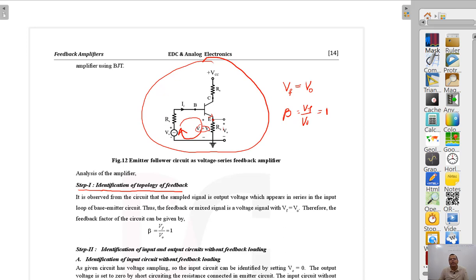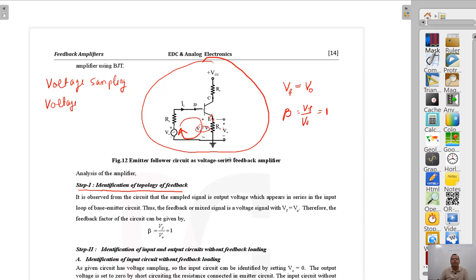So that is why we say voltage is sampled, right? Voltage sampling. Why? Because I am taking the whole output voltage from the output terminal, and that output voltage is appearing in the loop of the input circuit. Because of that we call it voltage mixing.